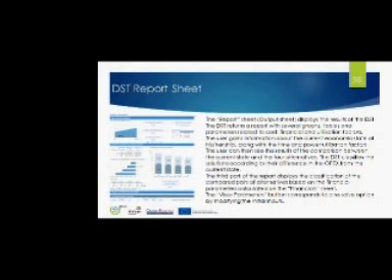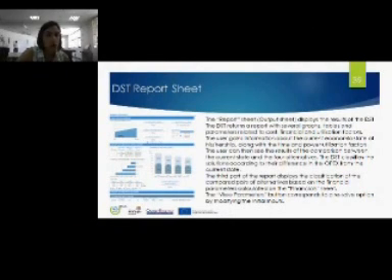And through these calculations, we obtain the report sheet, which is the output sheet of the decision support tool. The report sheet has several graphs and tables that describe the results based on the input parameters that the user has entered on the parameter file.